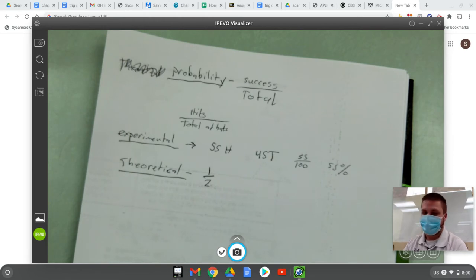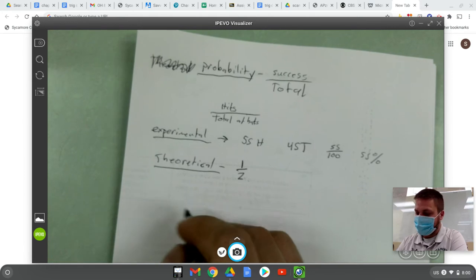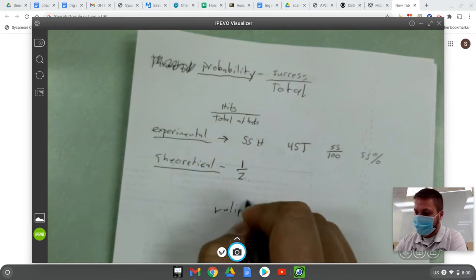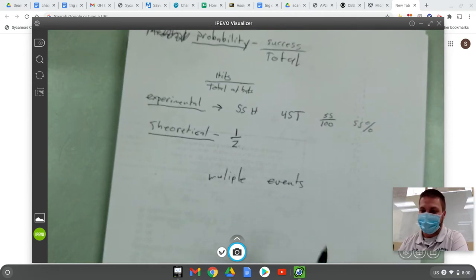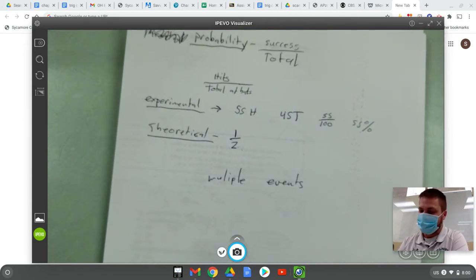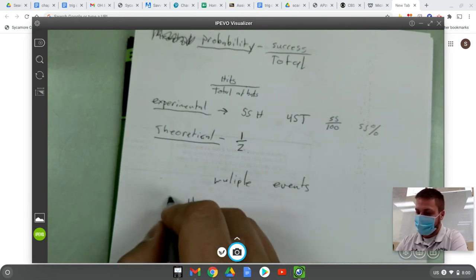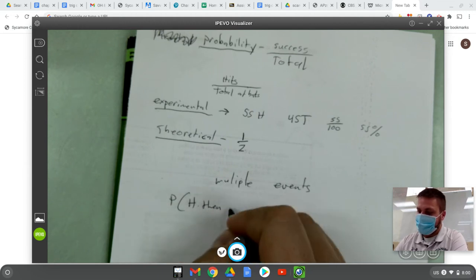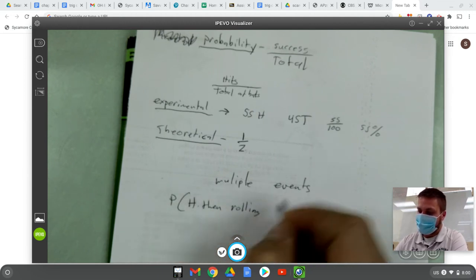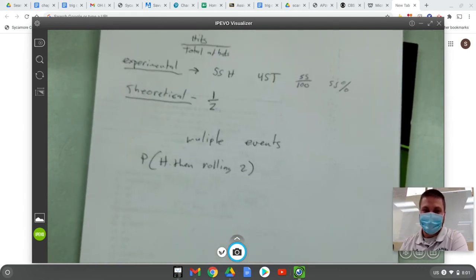Now, let's talk about one simple situation. If you have multiple events, you should always multiply the probability of each event together. For instance, what's the probability of flipping a head and then rolling a 2 on a die?